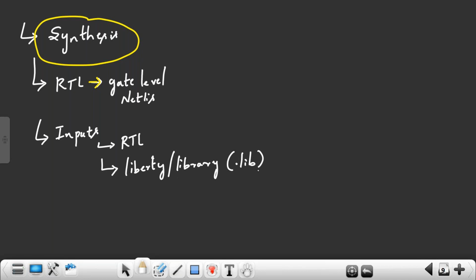Generally these files will have gate information, like power, meaning each cell will consume how much power. Power I'll talk about tomorrow. Each cell will take how much delay, that is called timing. Delay of a cell is called timing. So power and timing information of standard cells is present in these files.